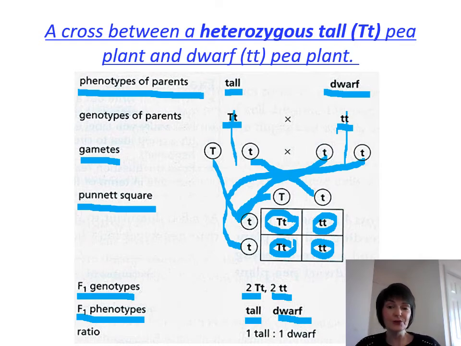Now the ratio, you can say 2 to 2, okay, because that's what we have, 2 talls to 2 dwarfs, but we like to take that down to the nearest whole number. So we talk about a 1-to-1 ratio. So 1 tall to 1 dwarf. Okay, got that one? Fingers crossed.